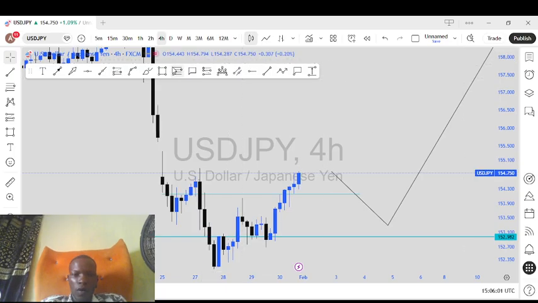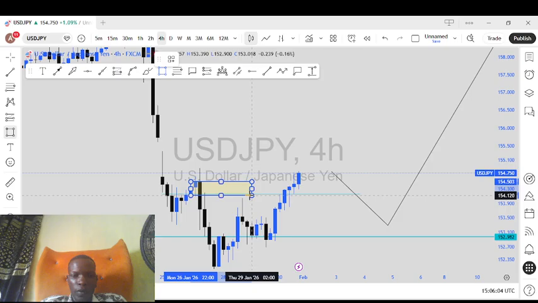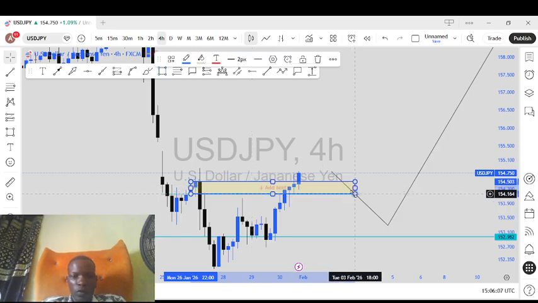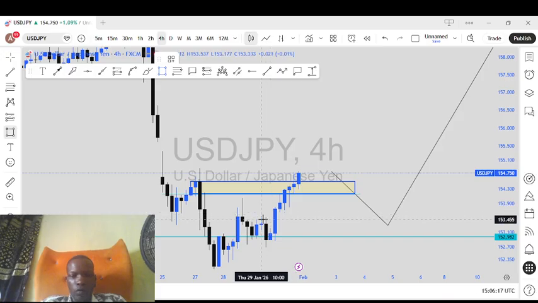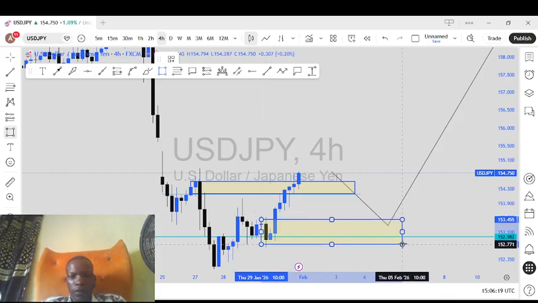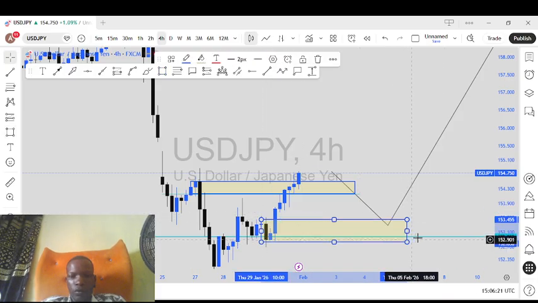Okay, now on 4-hour time frame, we can see that market creates this supply before going, which we expect market to, as it creates this supply, we can expect more buys. Okay, now we have two zones. Now that's why I say we use confirmation entry. We have this first zone here and we have the second zone.